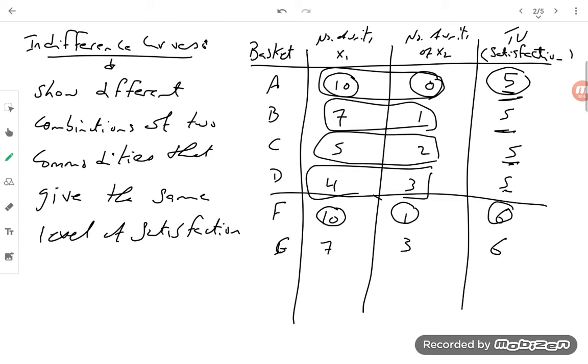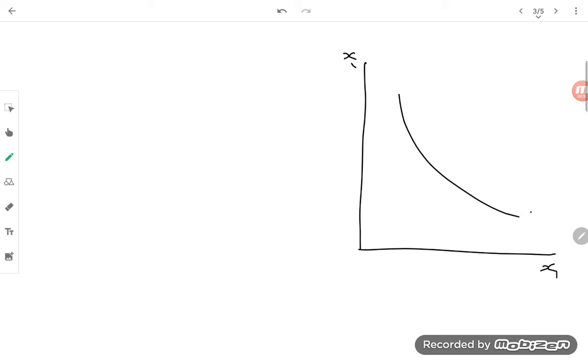So if you are going to take X1 and X2 in order to draw the indifference curve, it looks like this. This is the indifference curve.